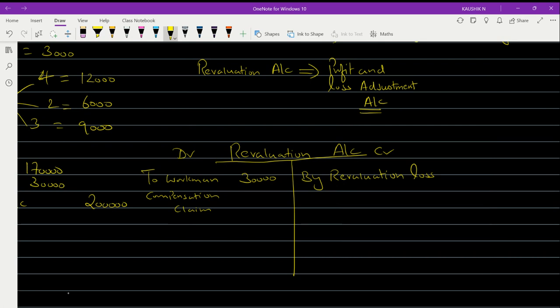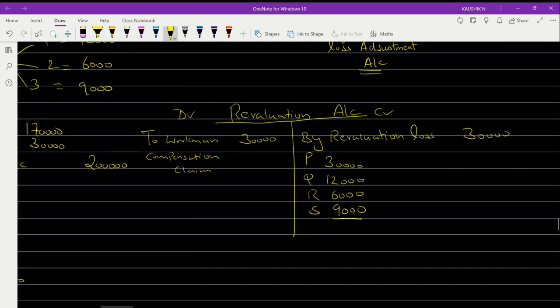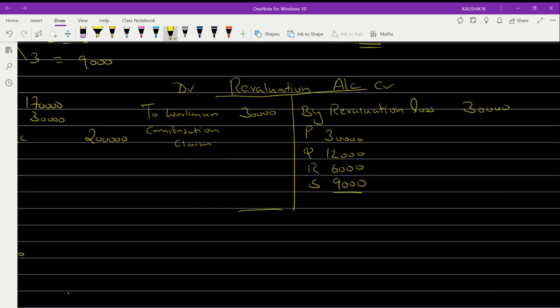So by revaluation loss, the same 30,000 is divided to the partners' capital of P, Q, R and S in the ratio: 3,000, 12,000, 6,000, 9,000, and both sides become equal with a total of rupees 30,000.